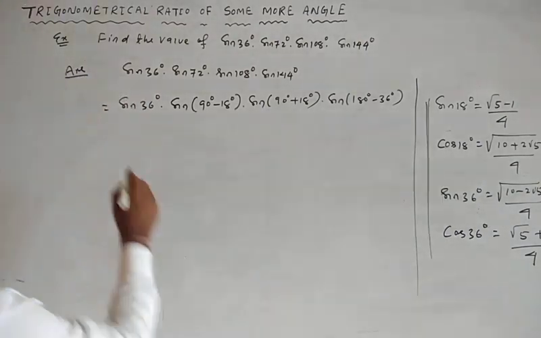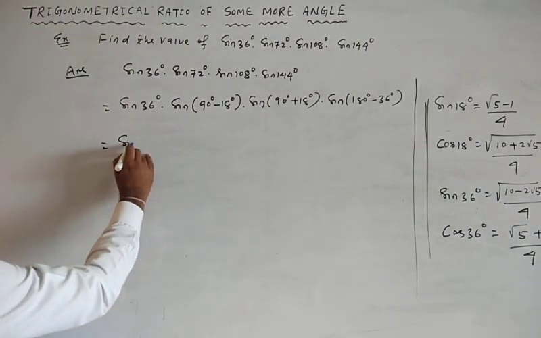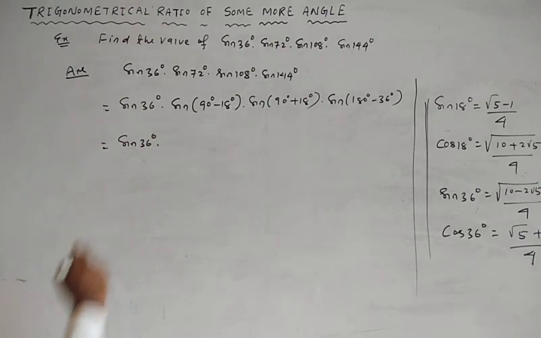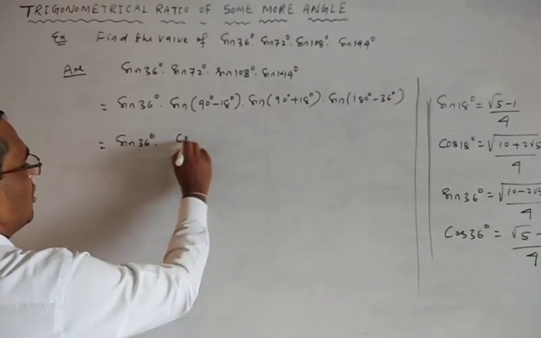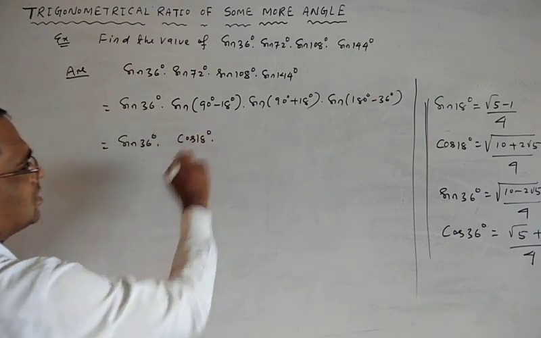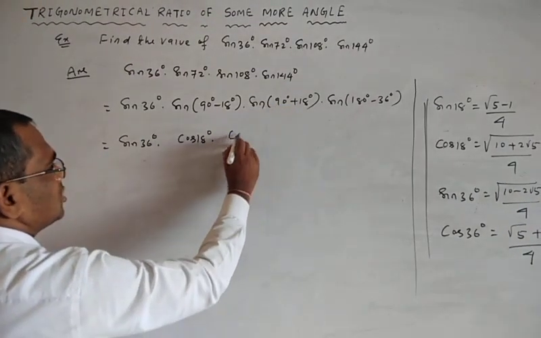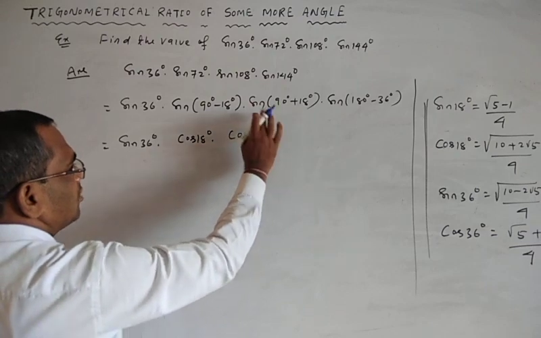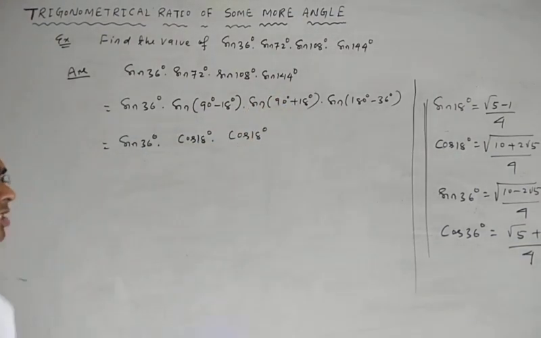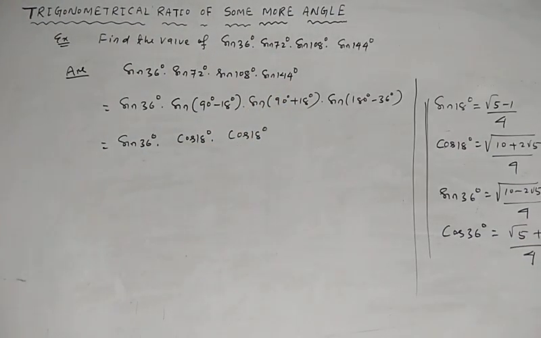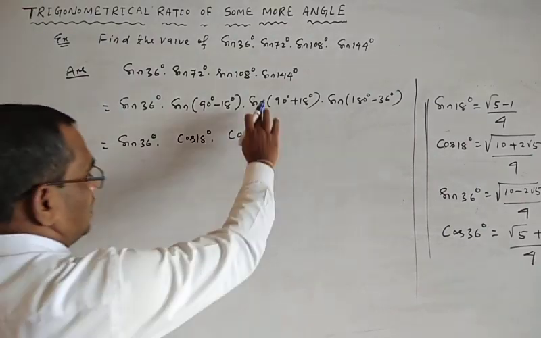So this is equal to sin 36 degree. Sin(90 minus 18) is equal to cos 18 degree. Sin(90 plus 18) is equal to, this is also cos 18 degree. Okay, so 90 plus 18 lies in the second quadrant. In the second quadrant, sin is positive.